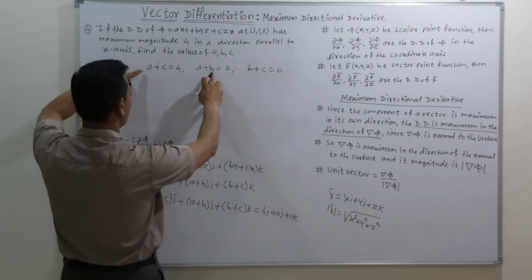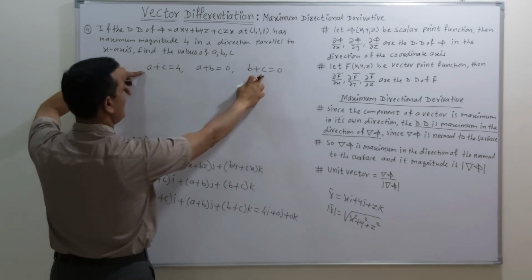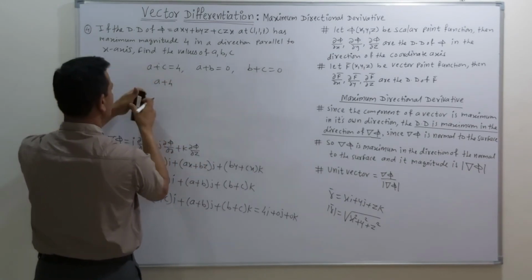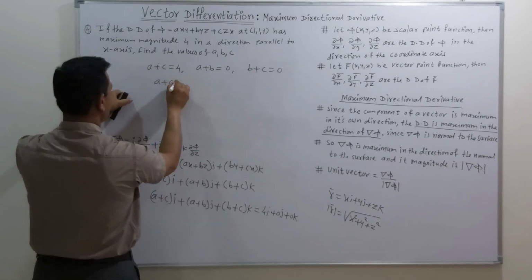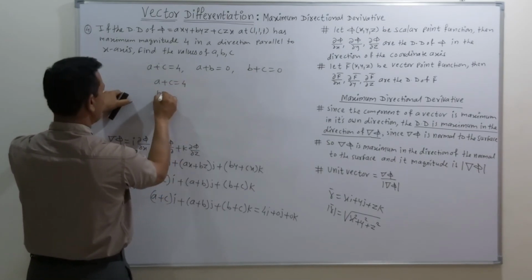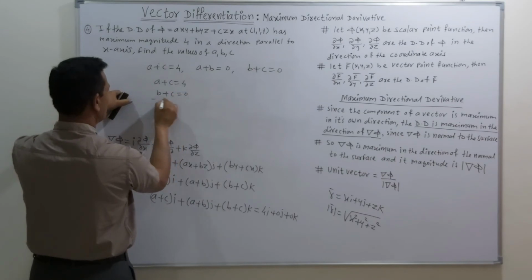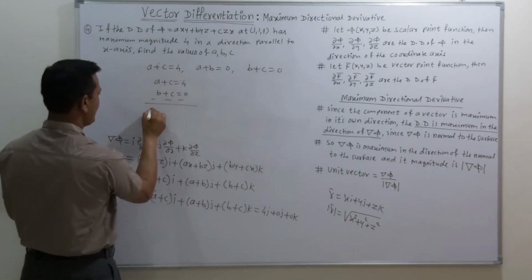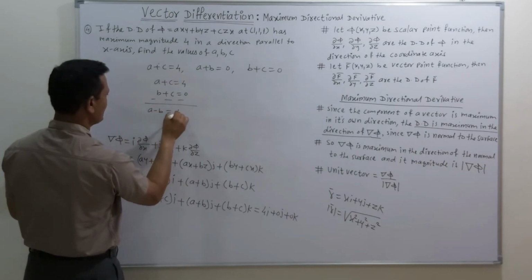Comparing the first and last equations, c is available in both. So a plus c is equal to 4 and b plus c is equal to 0. If we change the sign, we get a minus b is equal to 4.